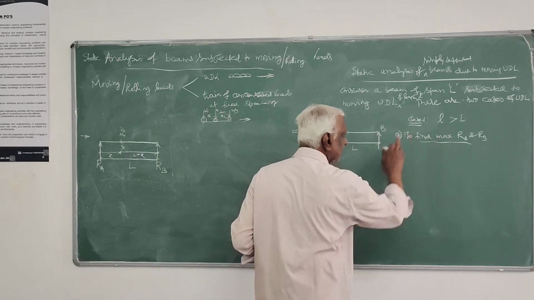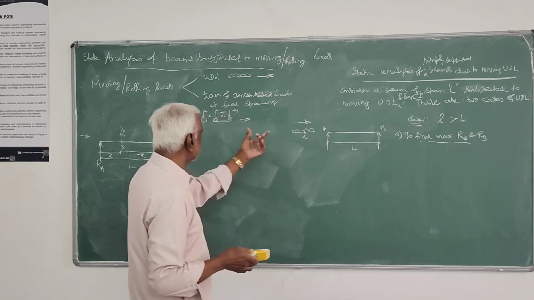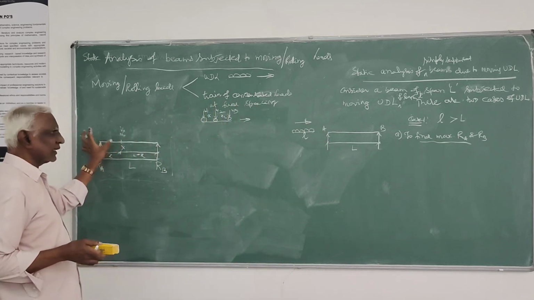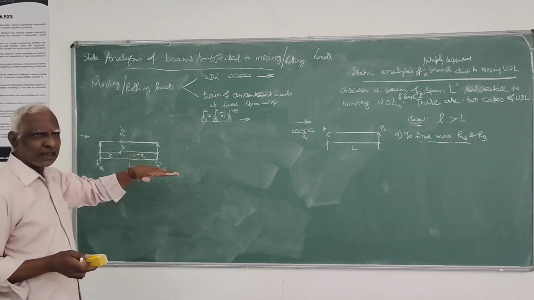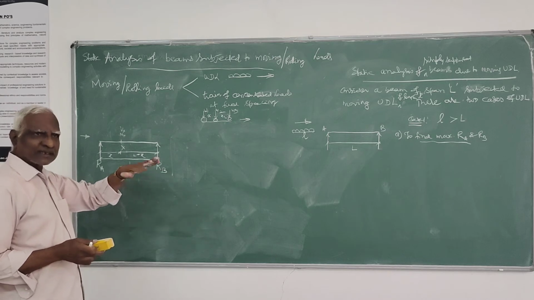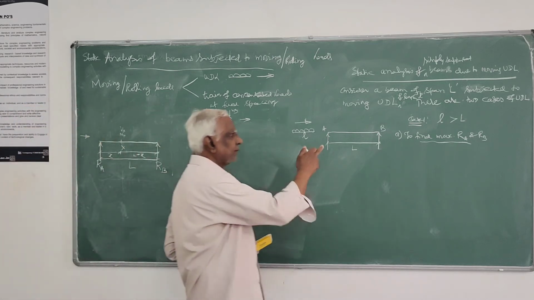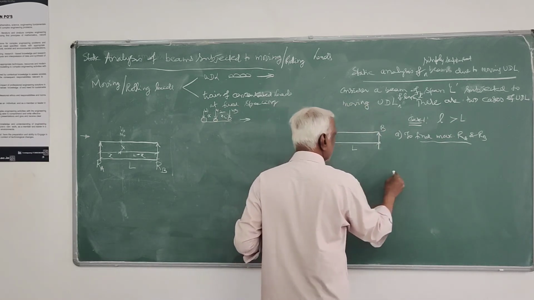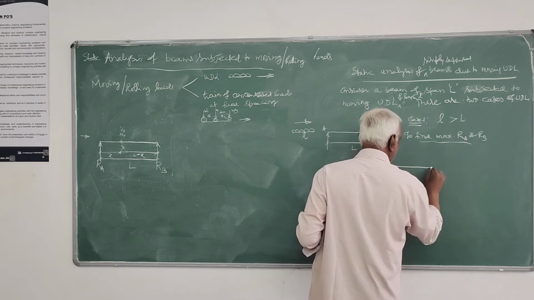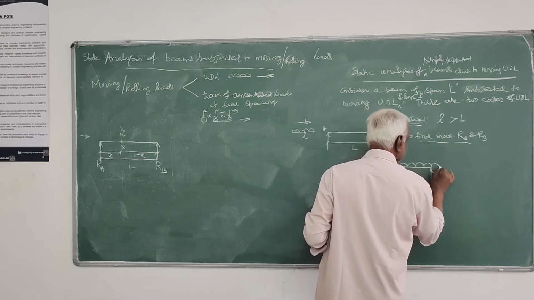Now to find maximum RA and RB. As I told you here, in this moving load case, because the load is moving, you have to position the load in such a way as to get the maximum value. So to get maximum RA and RB, the UDL has to be placed over the entire span, like this.